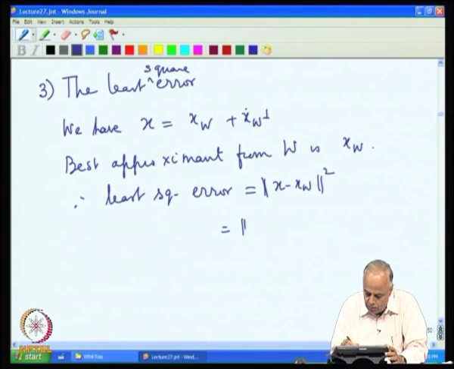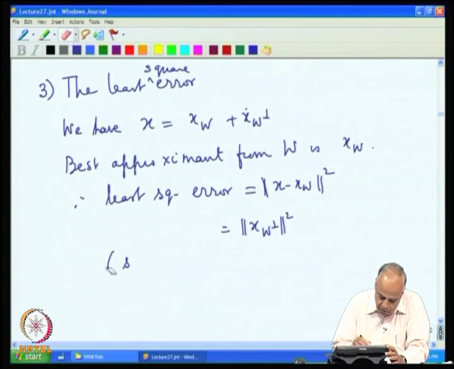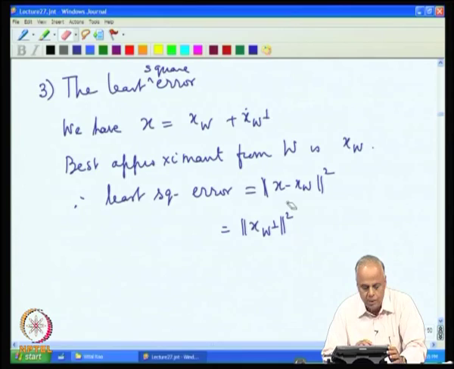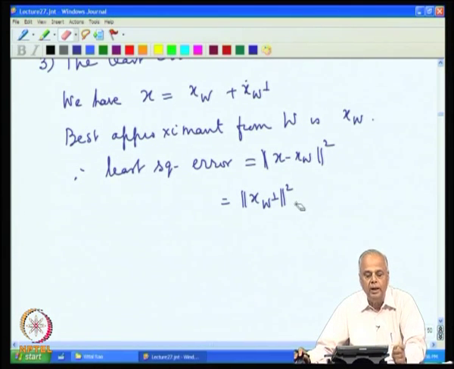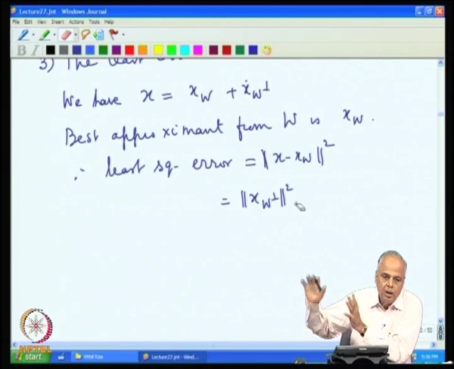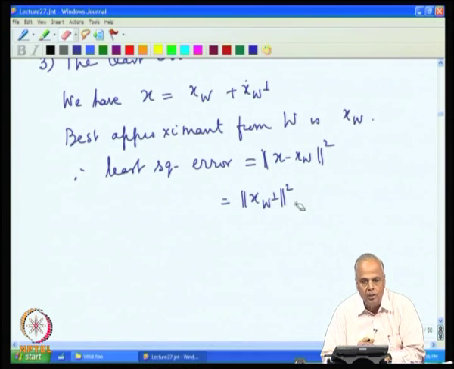So, this is equal to norm x W perp squared, because x minus x W is equal to x W perp. So, the error is the projection onto the orthogonal complement.